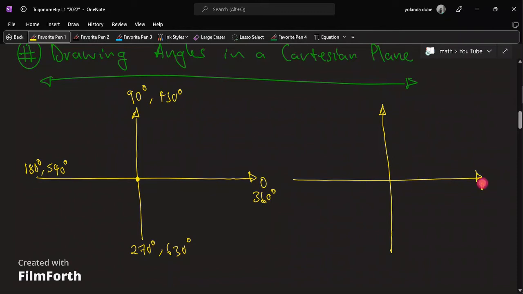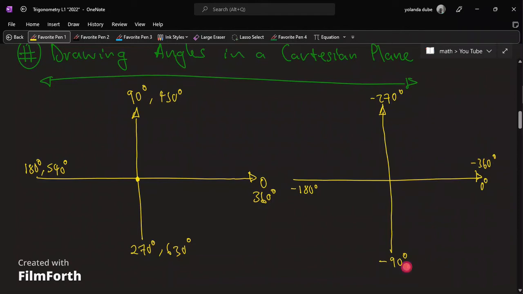Then for the negative, the positive x-axis still becomes the 0, but now this one becomes negative 90, then this one becomes negative 180, then negative 270, then negative 360.